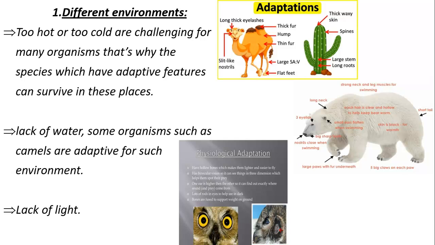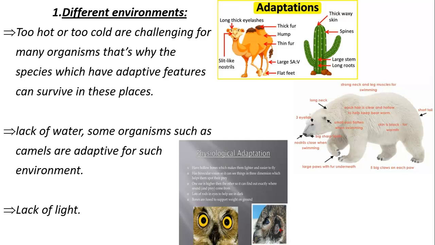Also, the lack of water is another environment that organisms need adaptation to. So they need adaptive features to adapt to the lack of water or the scarcity of water. Another feature that can be present in an environment is the lack of light. Some organisms live in dark places, or they stay up at night like owls.